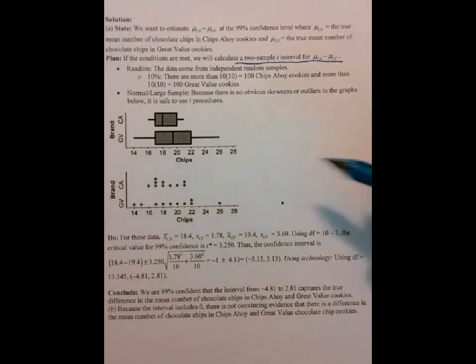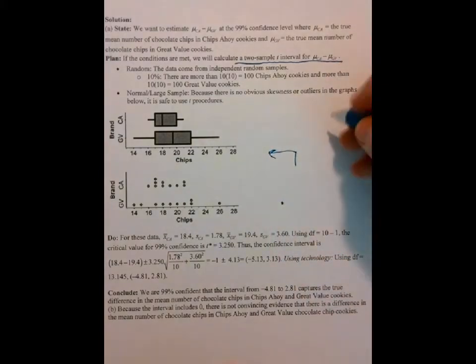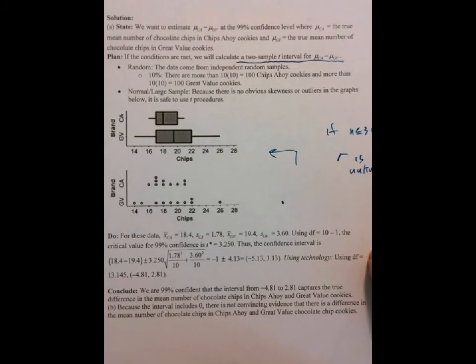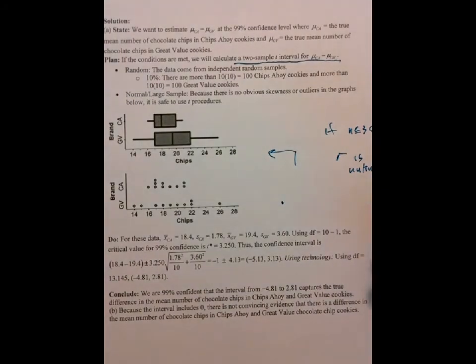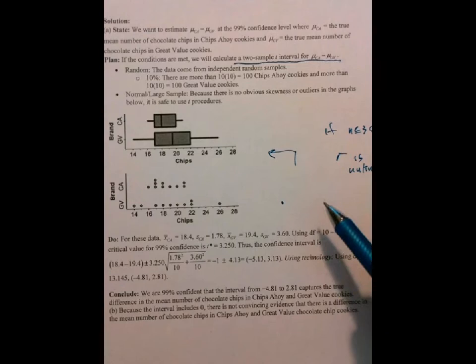Okay? So again, this we have to do. That bit right there, we have to do if n is less than or equal to 30 for means, if the sample size is small, and if sigma is unknown. We've got to make a little graph of the sample data so that we can infer that since the sample data are kind of symmetrical and there are no strong outliers, we can assume that the corresponding populations are approximately normally distributed.